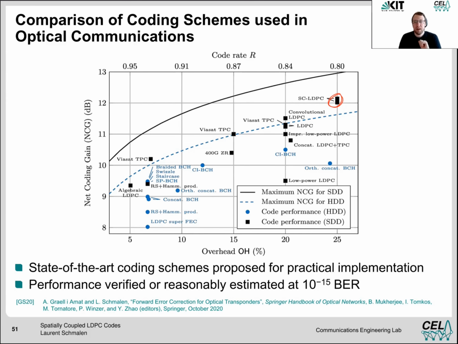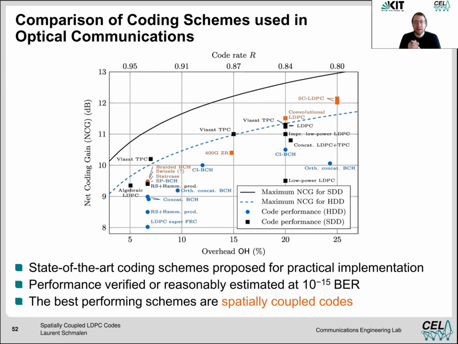And when we take a closer look, we see that there are a bunch of spatially coupled codes that are already being implemented, and they are all among the best-performing codes, both in terms of soft decision decoding and hard decision decoding.